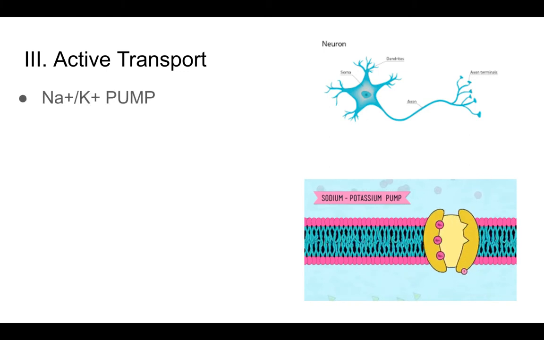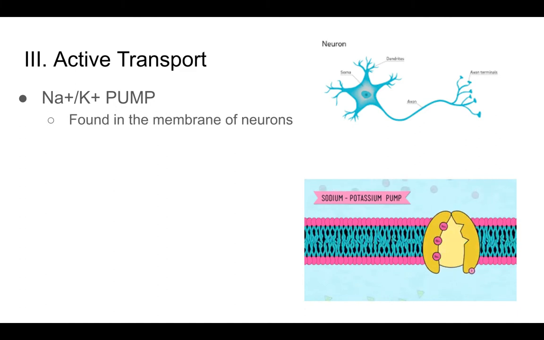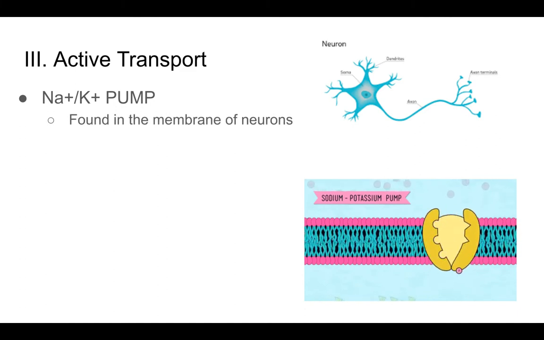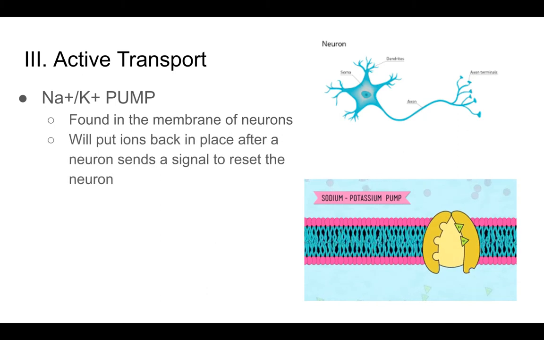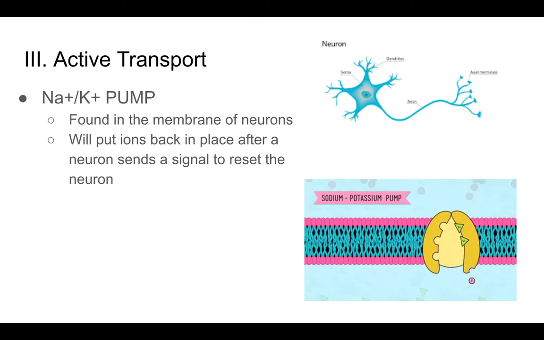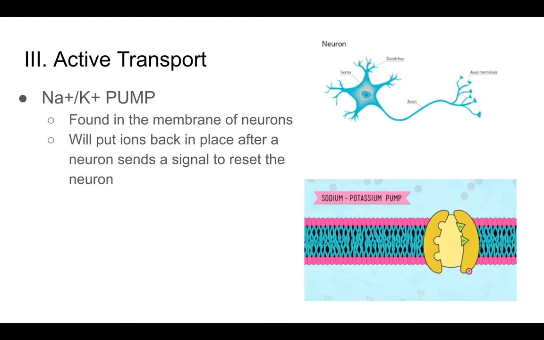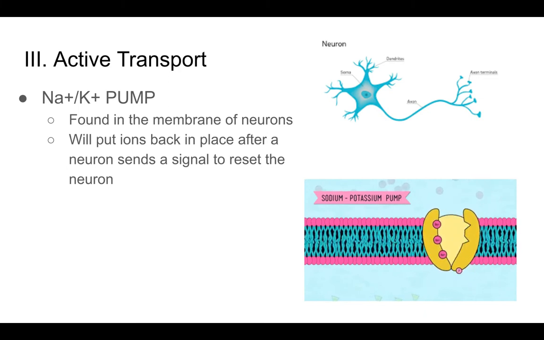All right, so let's write down some information about the sodium-potassium pump. There it is, found in the membrane of neurons. After a neuron generates an electrical signal and passes that signal down its body, everything's sort of out of whack. And so particularly the sodium and the potassium, which help the neuron generate the electrical signal, need to be put back into place.